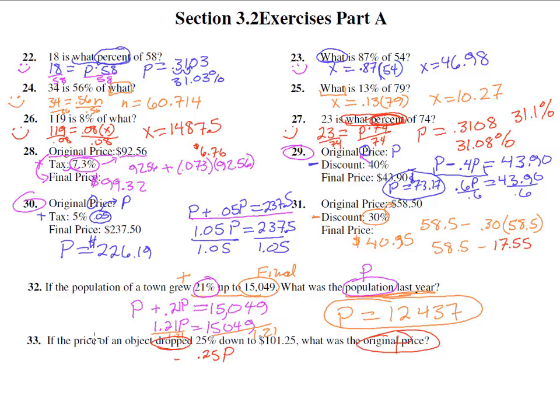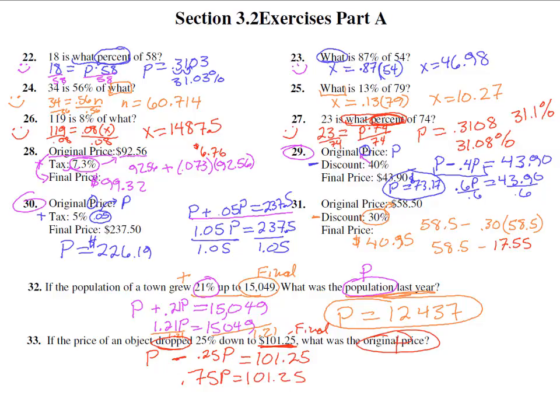So the original price dropped, subtract 25% of that original price down to 101.25. And again, this is the final. So 1p minus 0.25p is 0.75p equals 101.25.